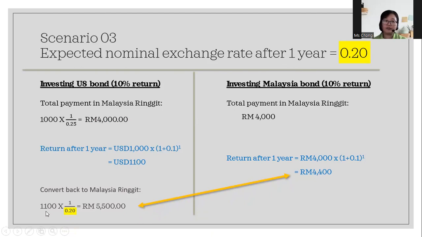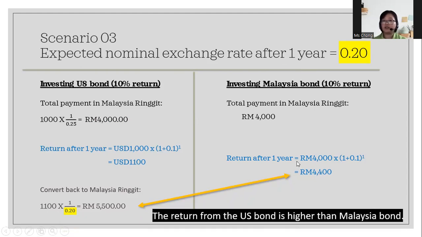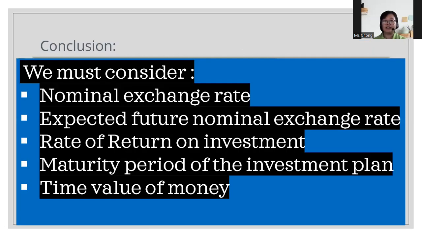So I use 1,100 times 1 over 0.2 and convert back to Malaysia ringgit, and I get back 5,500. We can see that it is higher compared to the return when I invest in Malaysia bonds. So if I'm the investor, for sure I will invest in US bonds.